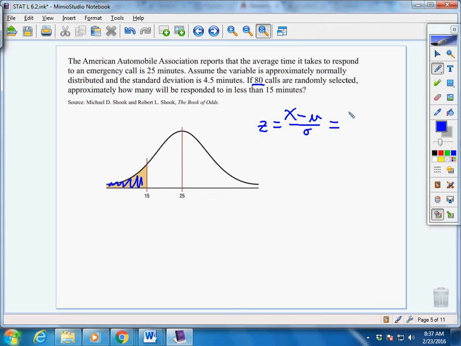So our value is 15 minus our mean of 25 divided by our standard deviation of 4.5. That brings us to a negative 2.22.